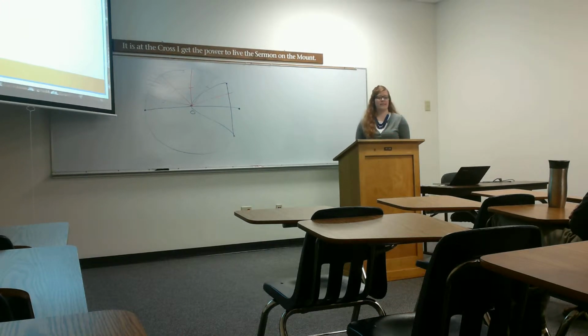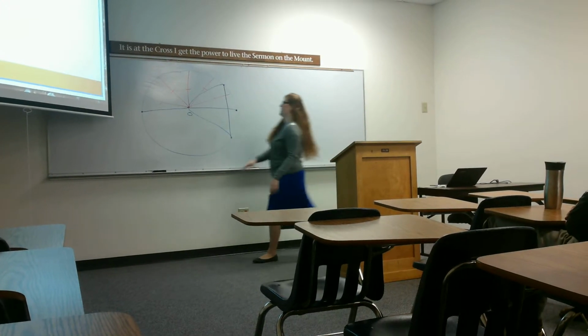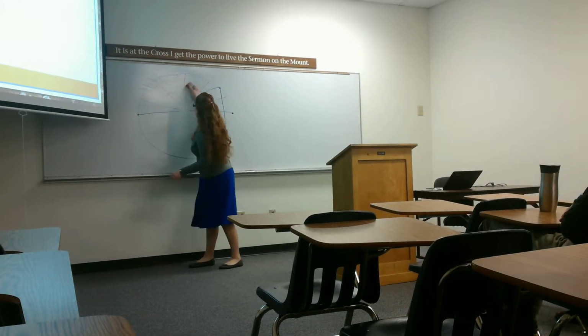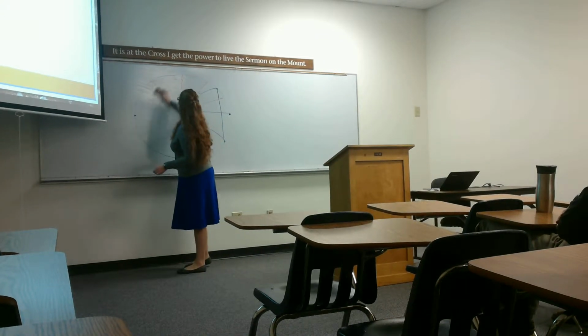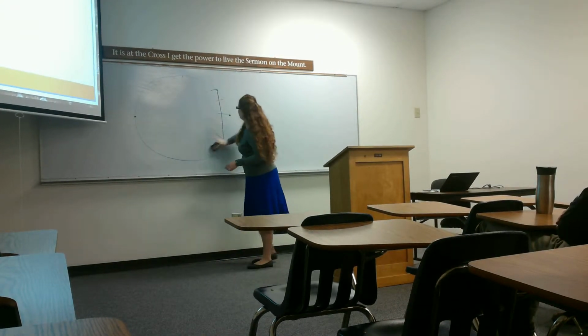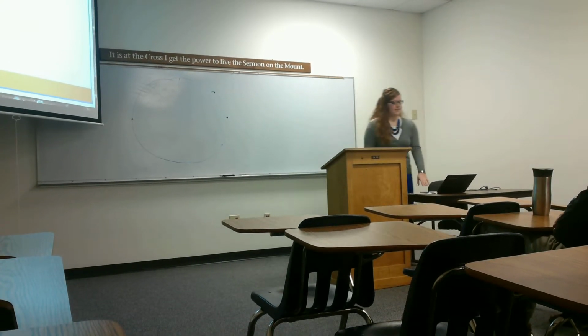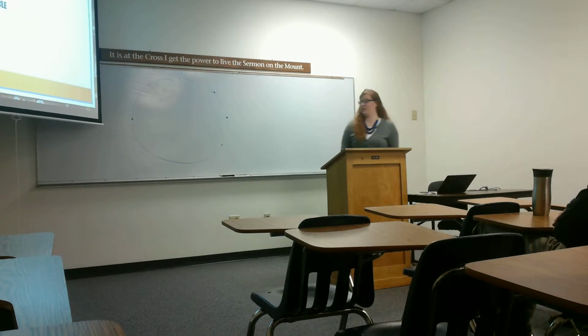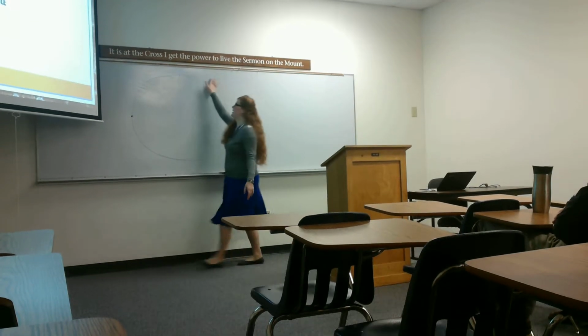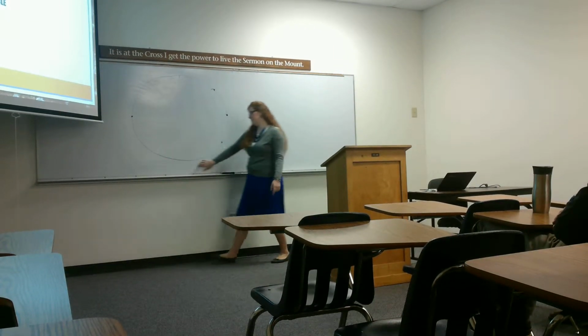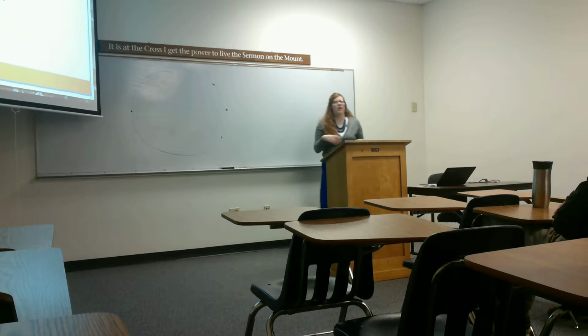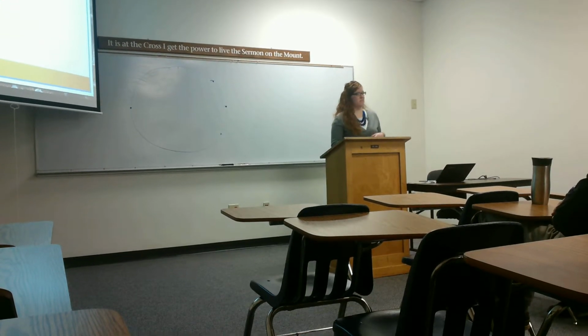All right, now we're going to talk about the circumference of the circle. So let me get rid of these little lines here. All right, circumference is the distance around the circle. So this big blue line is our circumference. Now, there are many things even in this room.